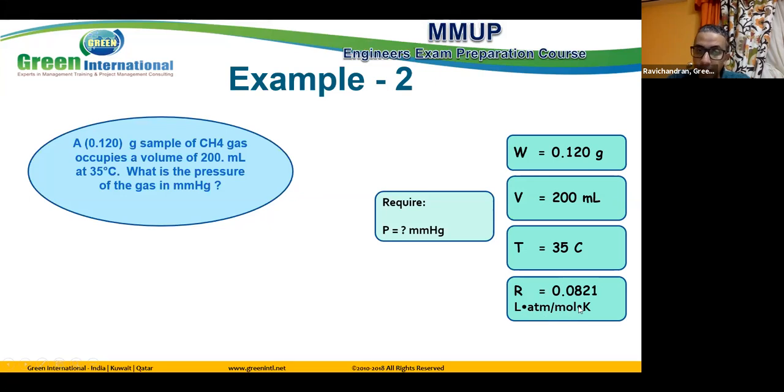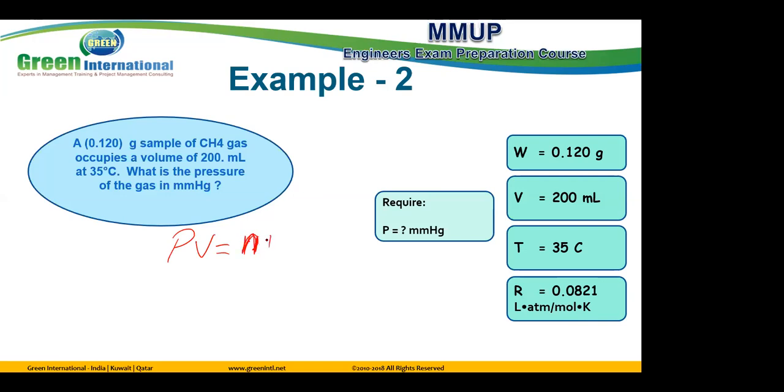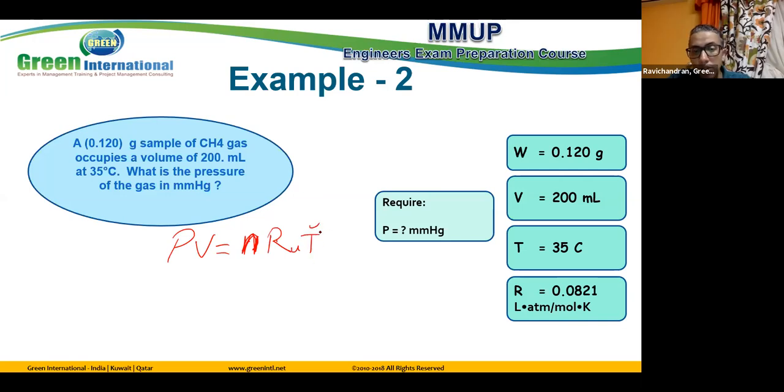But what's remaining is the number of moles, because the equation is PV equals nRT. R is universal, temperature is given but we need to change the unit, pressure is required, volume is given. So what's remaining is the number of moles.